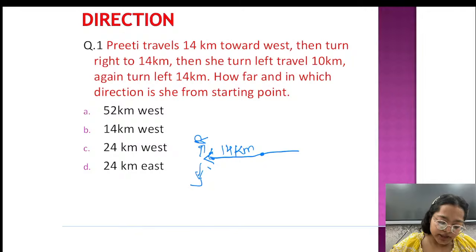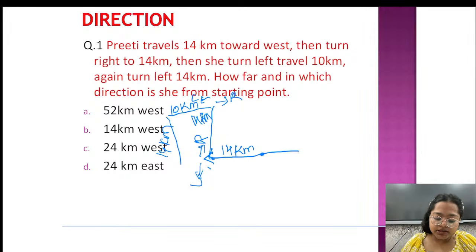So Preeti turns right and travels 14 kilometers again. Then she turns left. Now this is the right, this is the left. So again she travels 10 kilometers, and from here again she travels 14 kilometers.